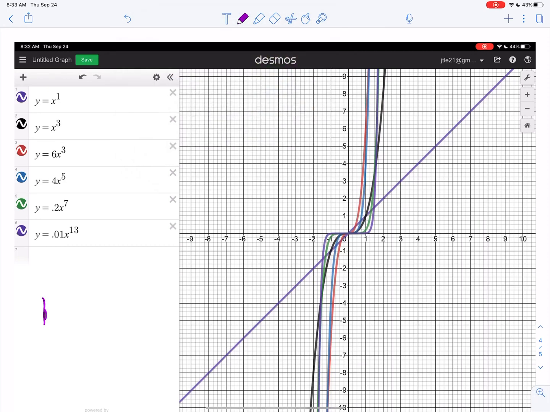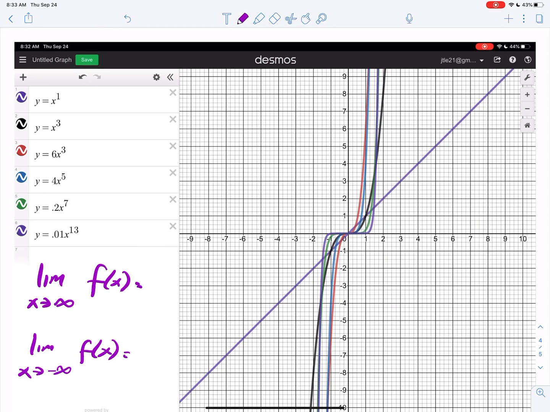What is the limit of the function that you're thinking of as x approaches infinity? And what's the limit of f of x as x approaches negative infinity? Whichever function you picked, answer this question and then press play when you're ready.